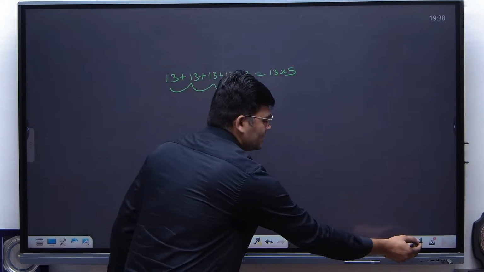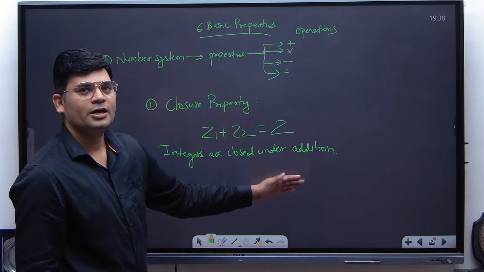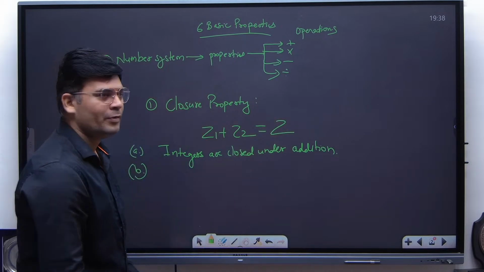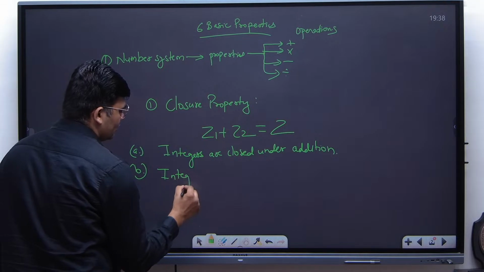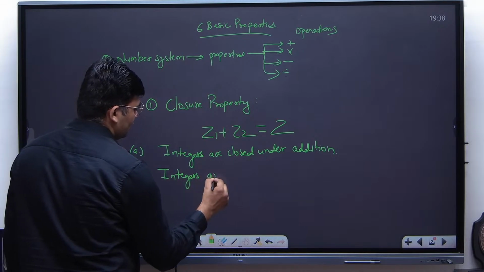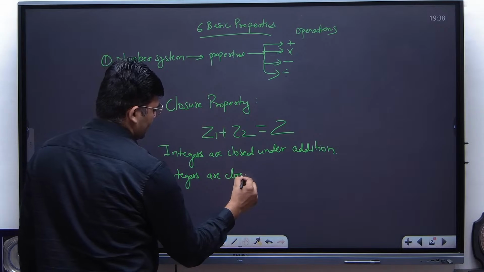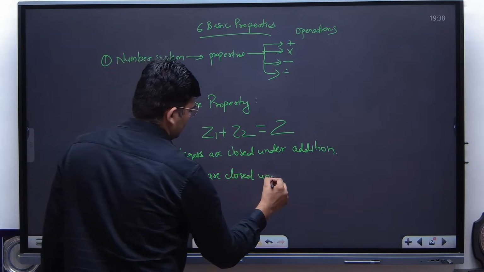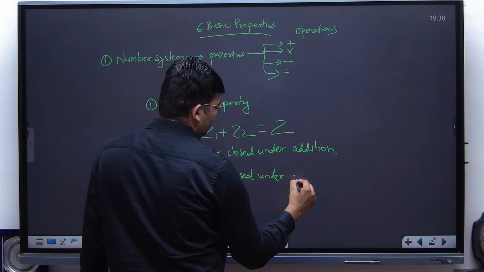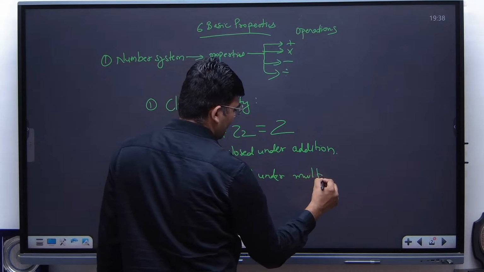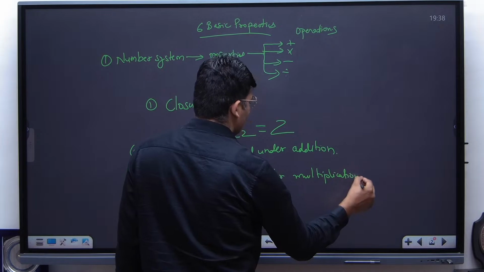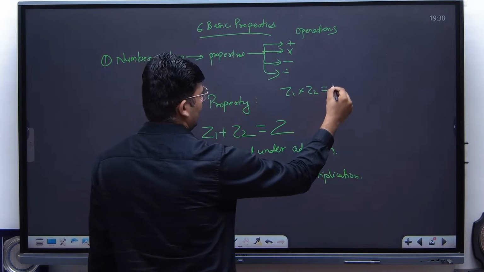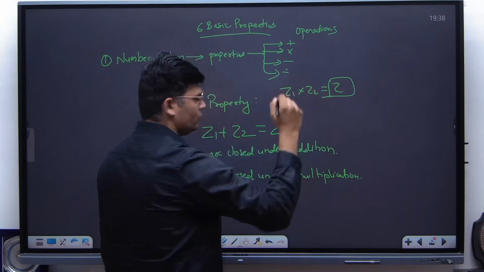All right. So whatever property is there for addition is also valid for multiplication. So we will say integers are closed under multiplication. How can you change z2, you will always get an integer only.